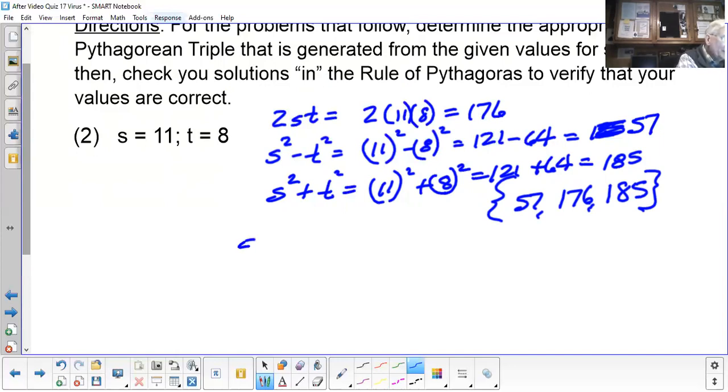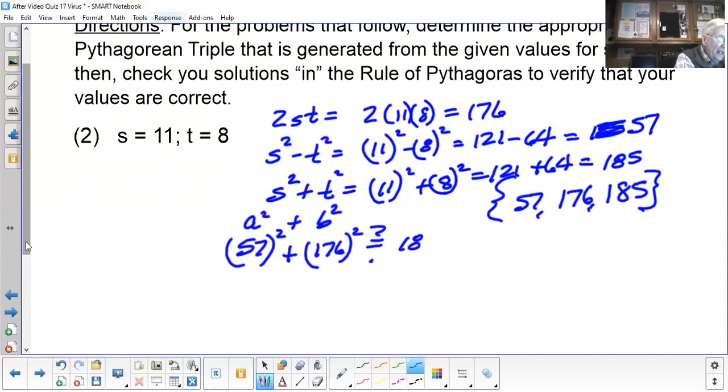So if I square 57, that's a squared. If I add to it the square of b, which is 176, do I indeed get 185 squared? All right, so first thing I'm going to do is square 57.